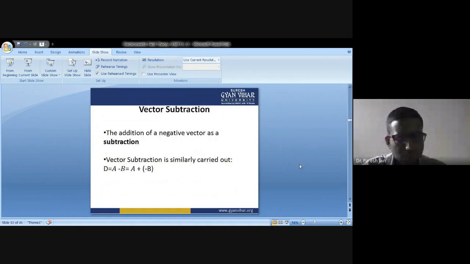Vector subtraction is similarly carried out, that is D is equal to the resultant vector of the two vectors, A minus B, and it is written as A plus, in brackets, minus B. So this is the vector subtraction concept.